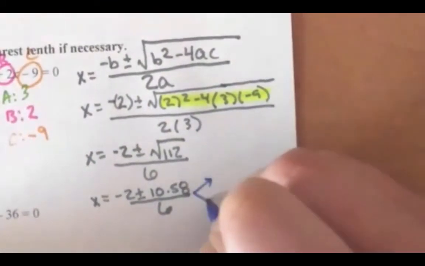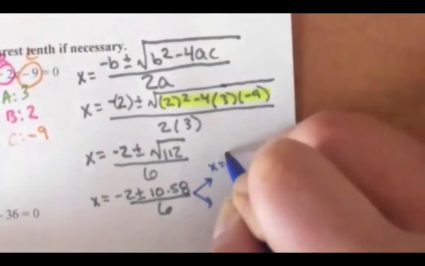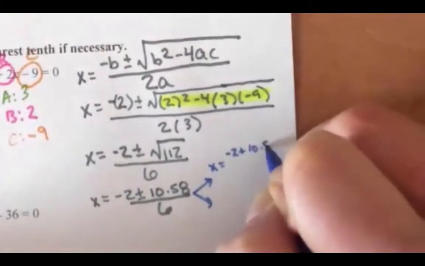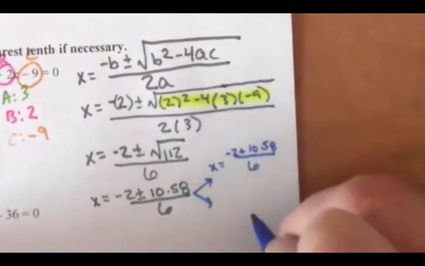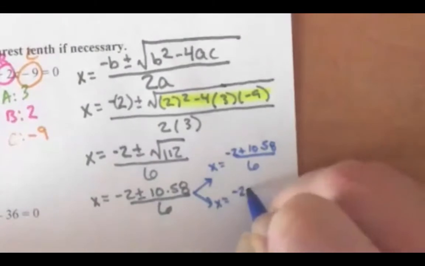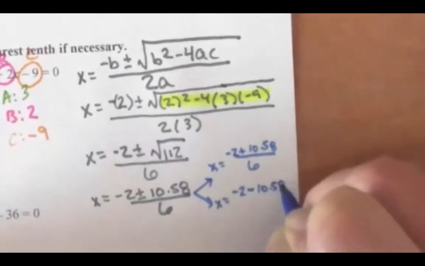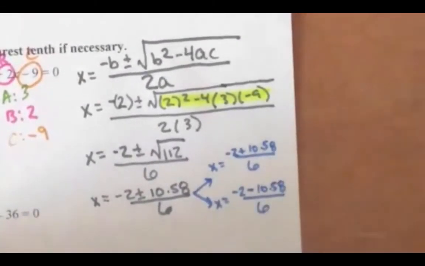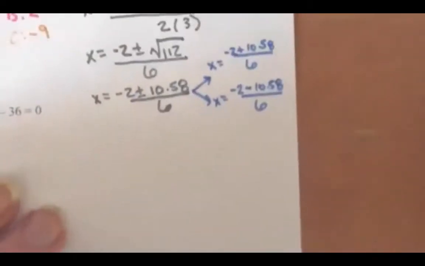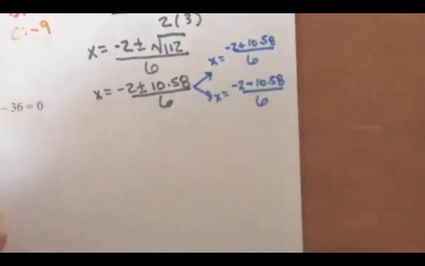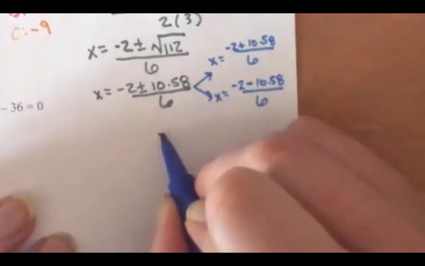Split this up into 2 parts. So x equals -2 plus 10.58 over 6. And x equals -2 minus 10.58 over 6. I'm running out of room. Okay, so that ends up giving us -2 plus 10.58.